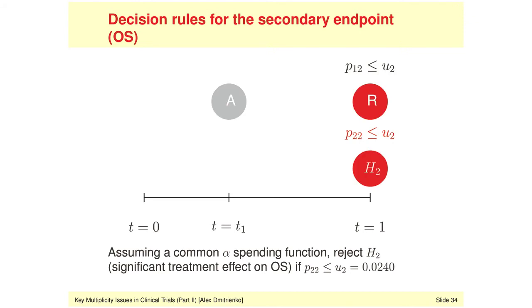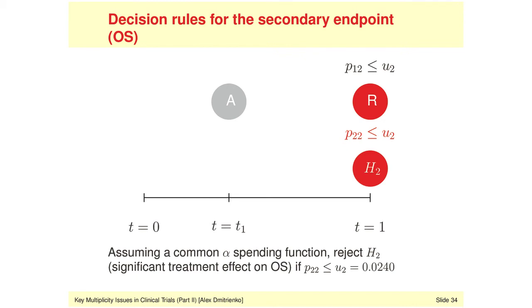And a decision rule for the secondary endpoint, overall survival, will be defined using exactly the same approach at the final analysis. Assuming once again a common alpha spending function for the two endpoints, the same adjusted significance level will be applied for testing the null hypothesis H2, provided we can claim significance for progression-free survival at the final analysis.